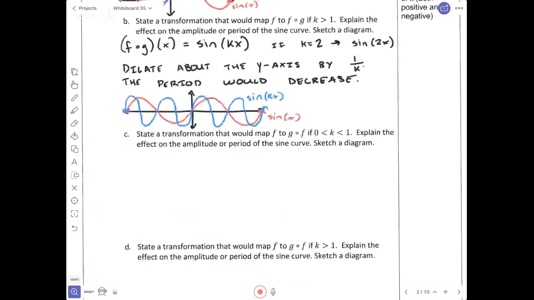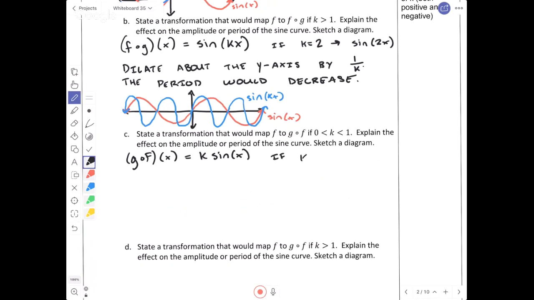And part C, F to G composed with F. So G composed with F of x would equal k sine of x.